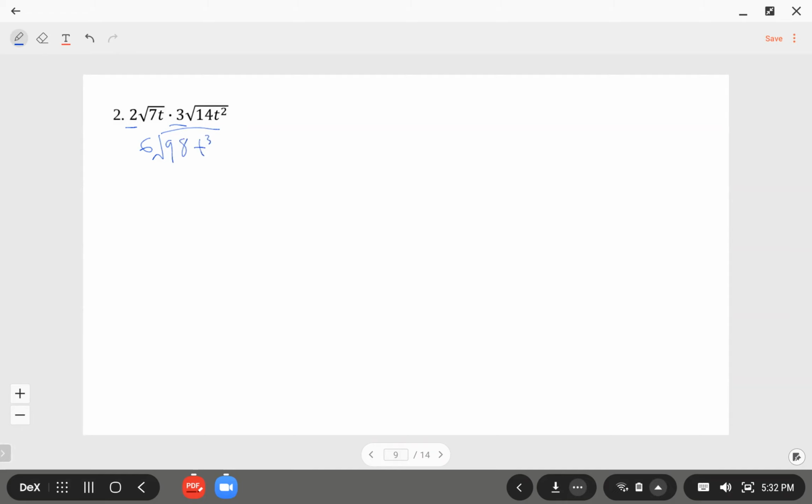So now, who can give me two factors of 98 and one of them is a perfect square?